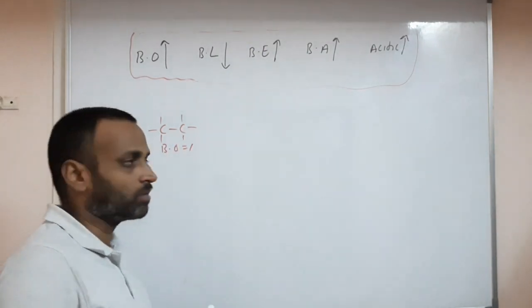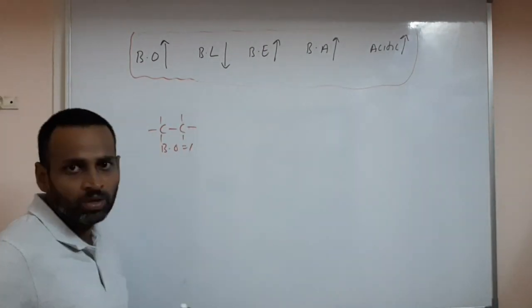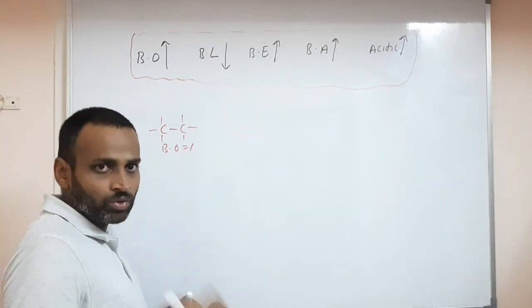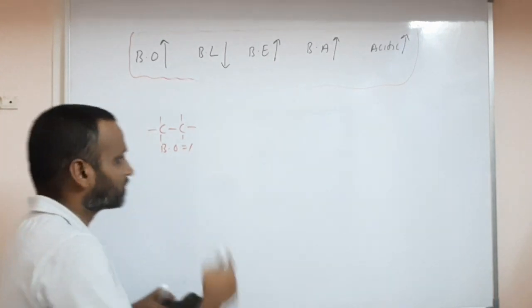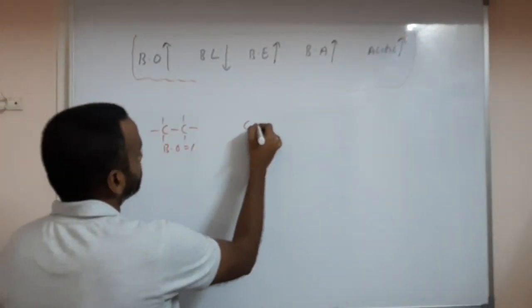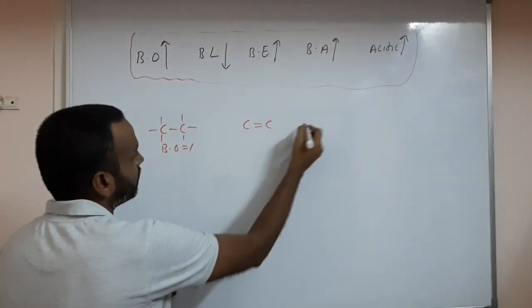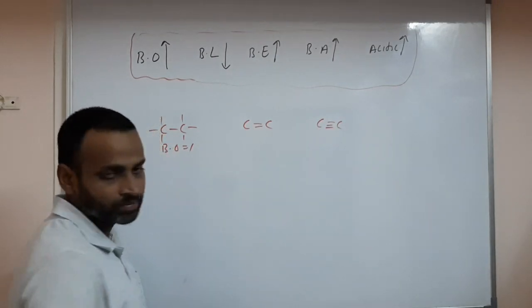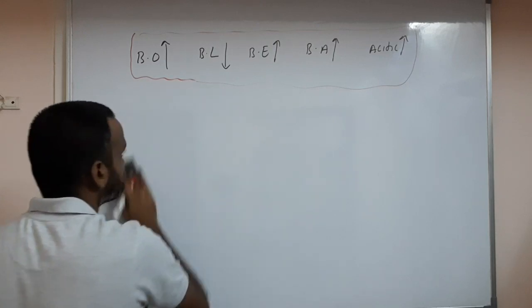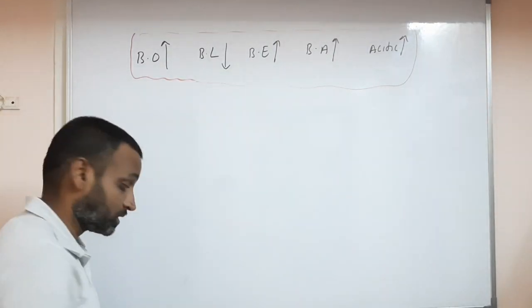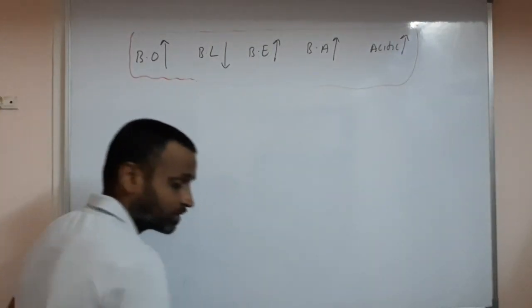All are single bonds. Bond order is 1 between any two atoms. So bond order means the average number of bonds between two atoms. Average bond is 1 everywhere. Double bond, so bond order 2. Triple bond, bond order 3. So when the bond order increases, then bond length decreases.